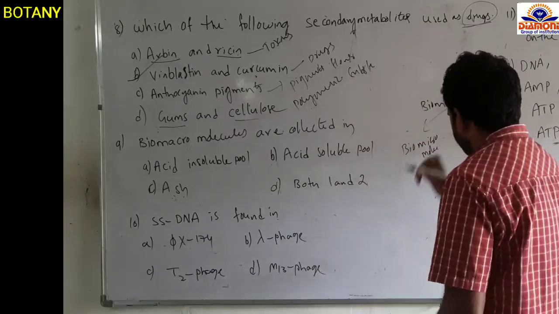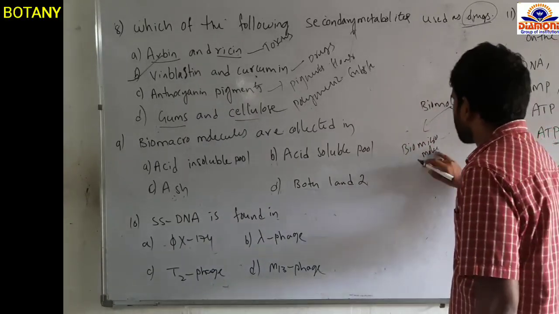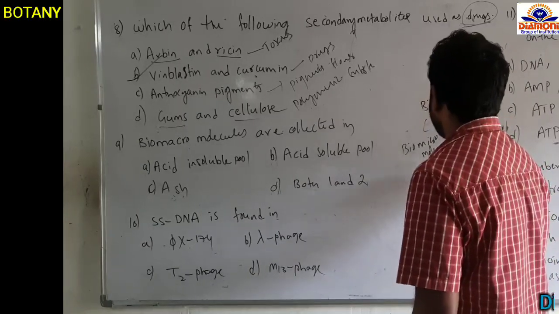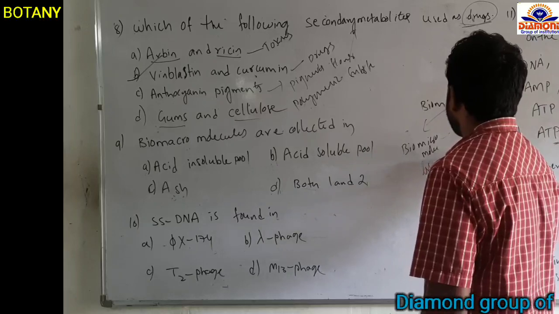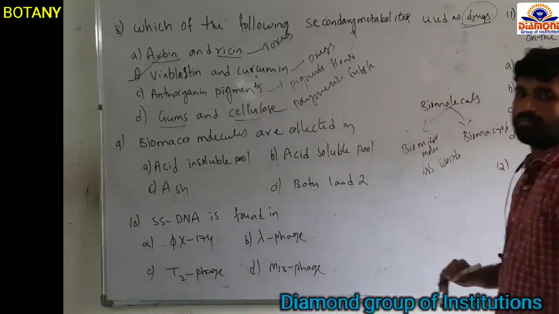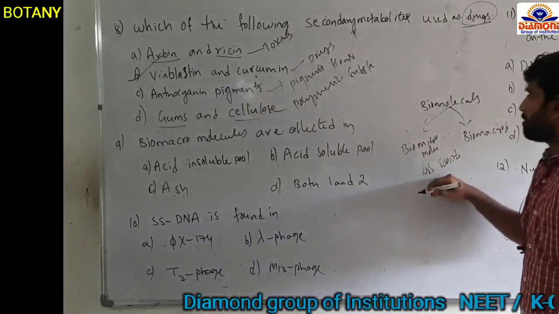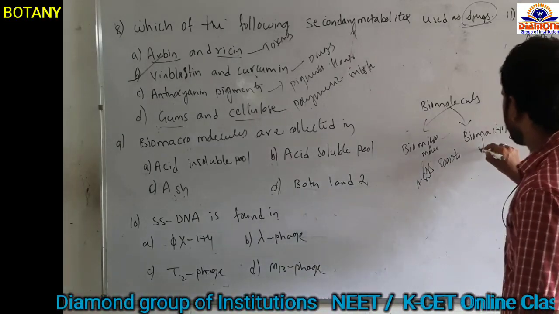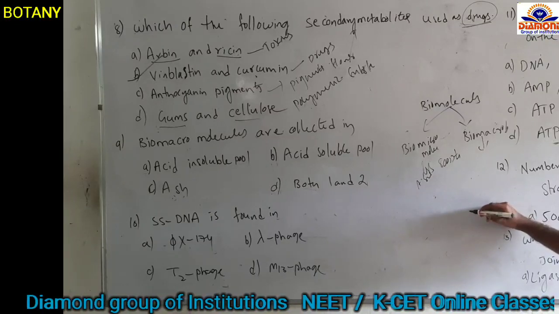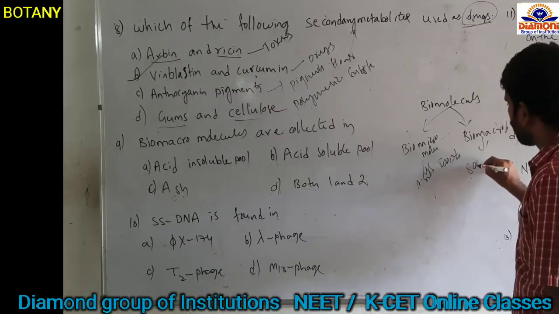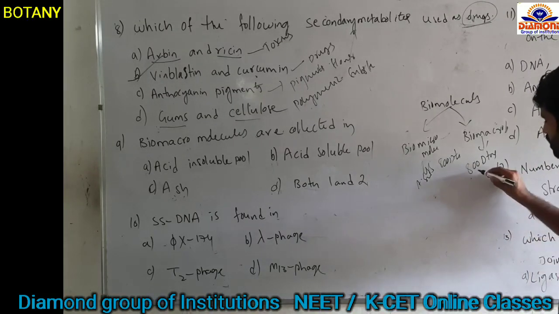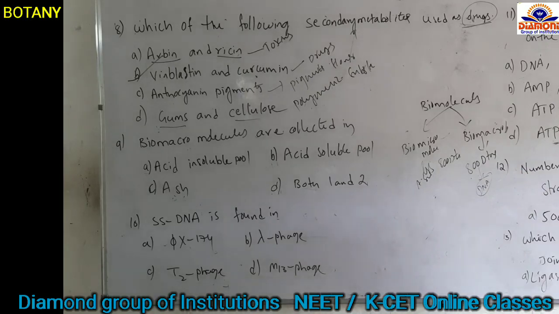Based upon the sizes, biomicromolecules are the biomolecules that have less than 800 Daltons, like amino acids and sugars. Biomacromolecules are the molecules that have more than 800 Daltons, for example nucleic acids, DNA and RNA, and polysaccharides.